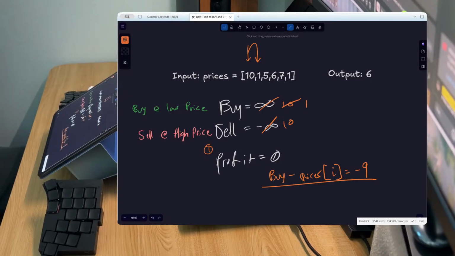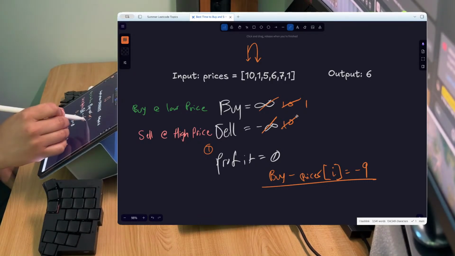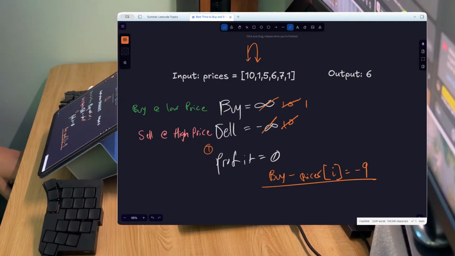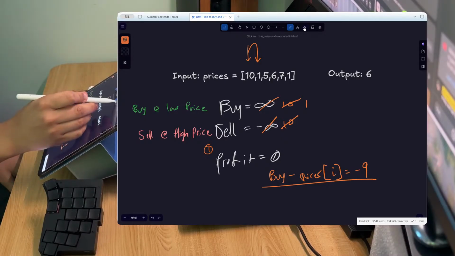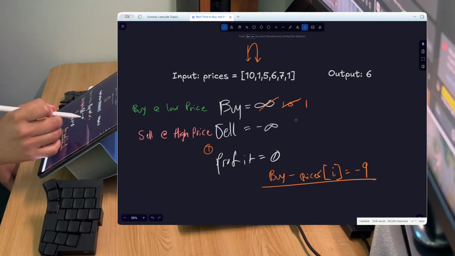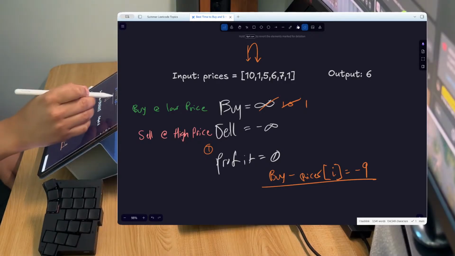So eventually, let's see, what happens if we keep going? It's negative, so profit stays at 0. And because we have a negative number, actually, I think we can just leave it at infinity. Or negative infinity.